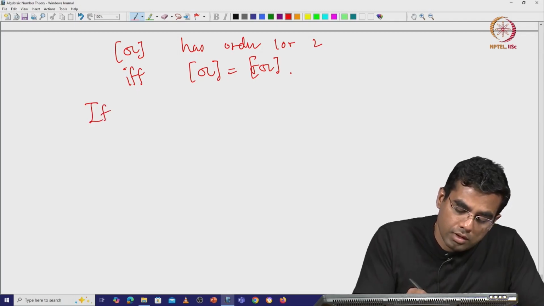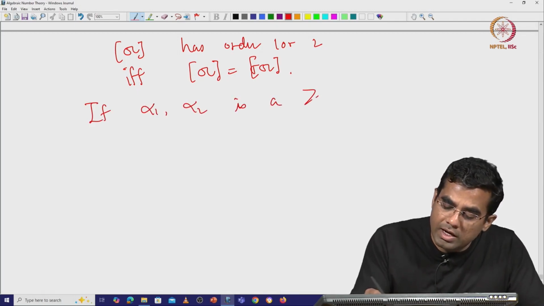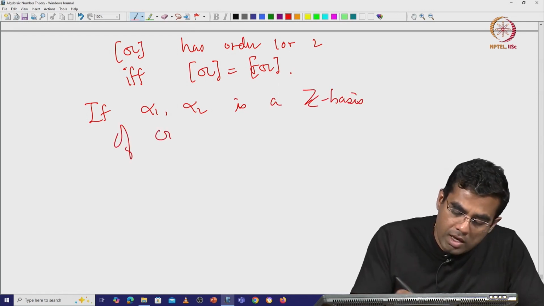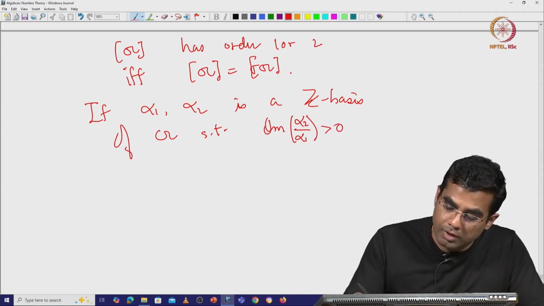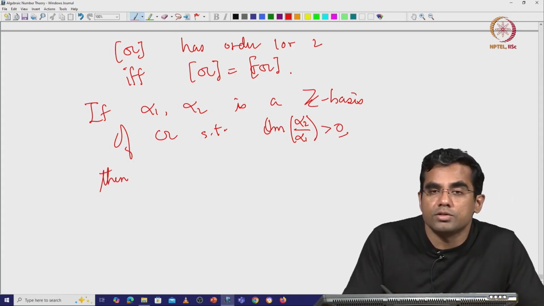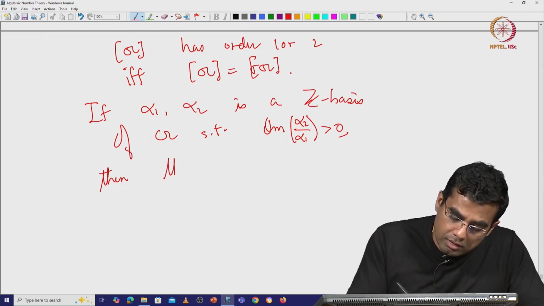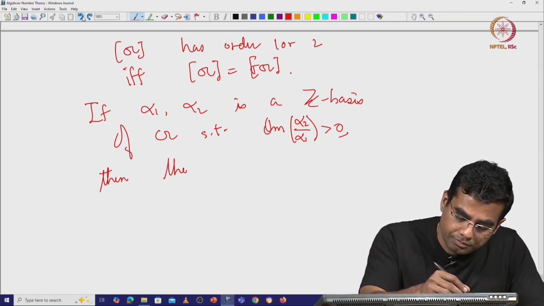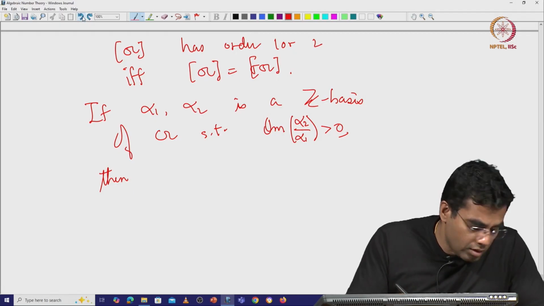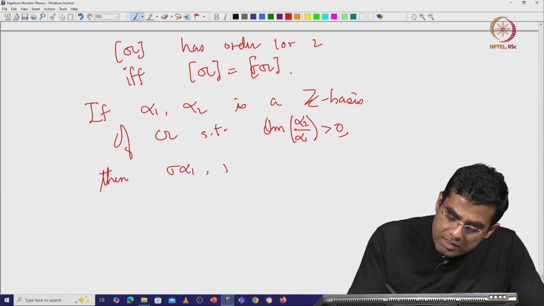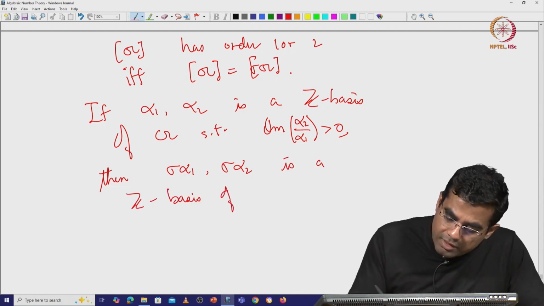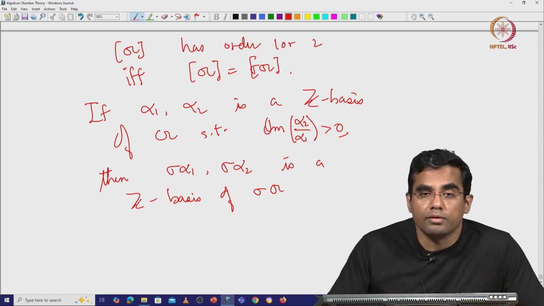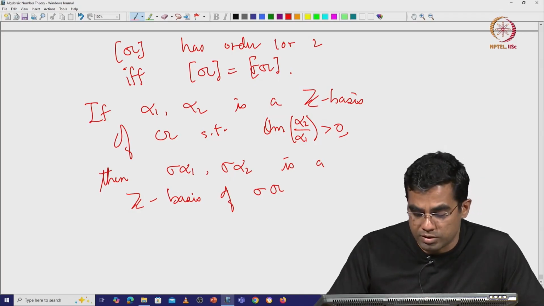If alpha_1, alpha_2 is a Z-basis of A such that the imaginary part of alpha_2 by alpha_1 is bigger than 0, then sigma alpha_1 and sigma alpha_2 is a Z-basis of sigma A. That is clear: if you have a Z-basis of A, then you can just transform the basis under sigma and you get a Z-basis of sigma A.